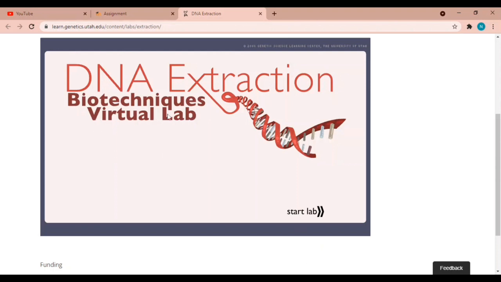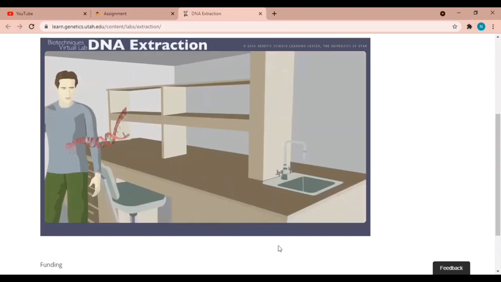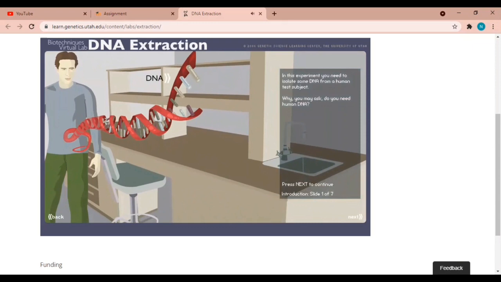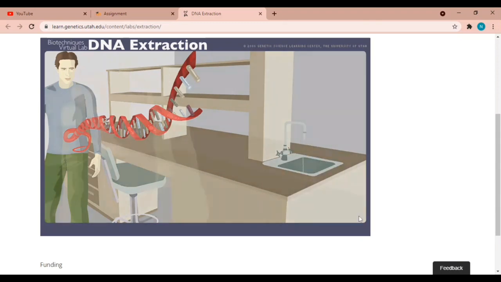So this is the DNA extraction biotechnics virtual lab. So start the lab. In this experiment, I need to isolate some DNA from a human test subject. This is the DNA. So press next to continue.